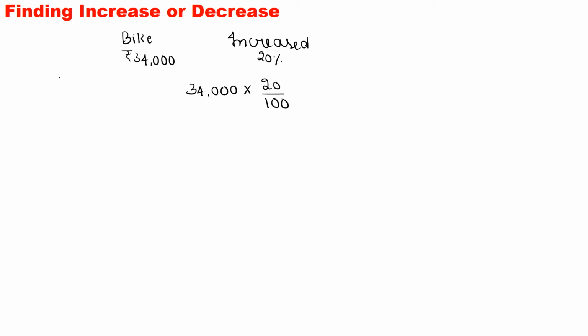Next topic, increase or decrease. Suppose last year a bike cost rupees 34,000 and now it increased by 20% of its cost. We have to find the price now. That means 34,000 into 20 by 100. 0 0 cancel. 3400 into 2.